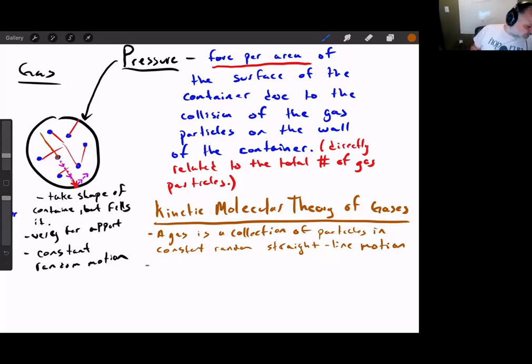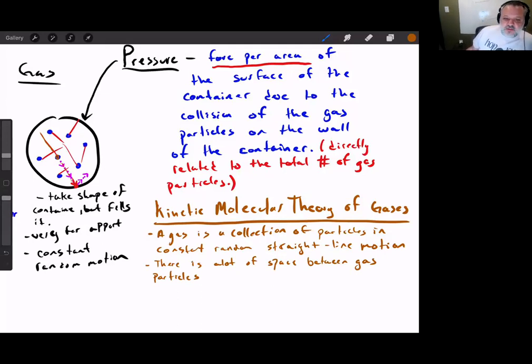How about this one? There is a lot of space between gas particles. Did we know that one already? Yeah, we already knew that one.